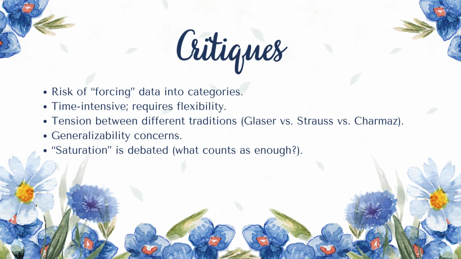And so some people say that Glaser is too structured, or the rigidness of the coding is not going to be helpful. So there's tension between these traditions. So you just have to really ensure that you've identified which direction you're going before you take on grounded theory.